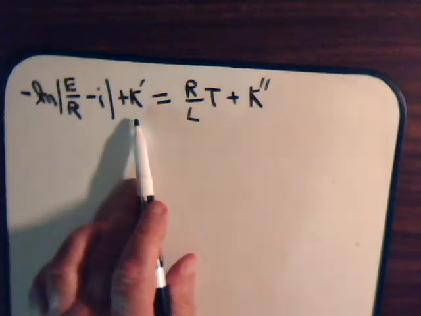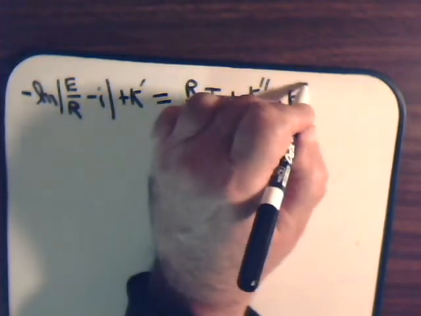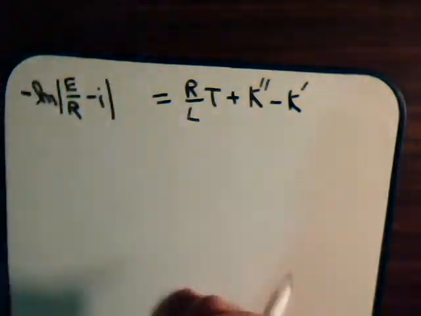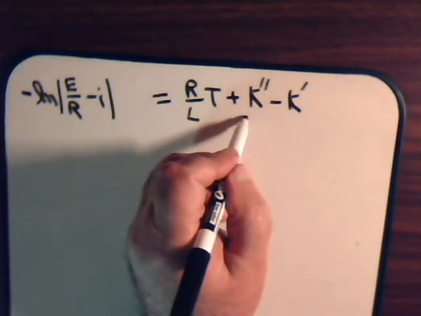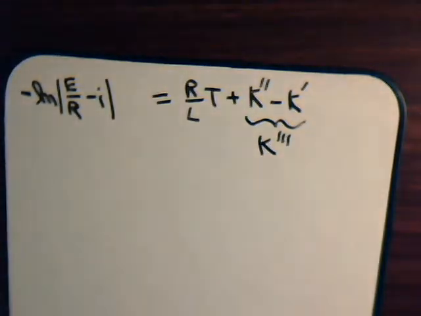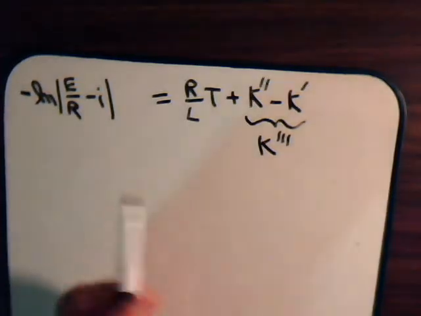And we can bring this over here, subtract it from both sides. So this is gone. And this is just a constant minus a constant. So that's just going to be just another constant. So we'll call this just k prime prime. So take this away, write this in its place.